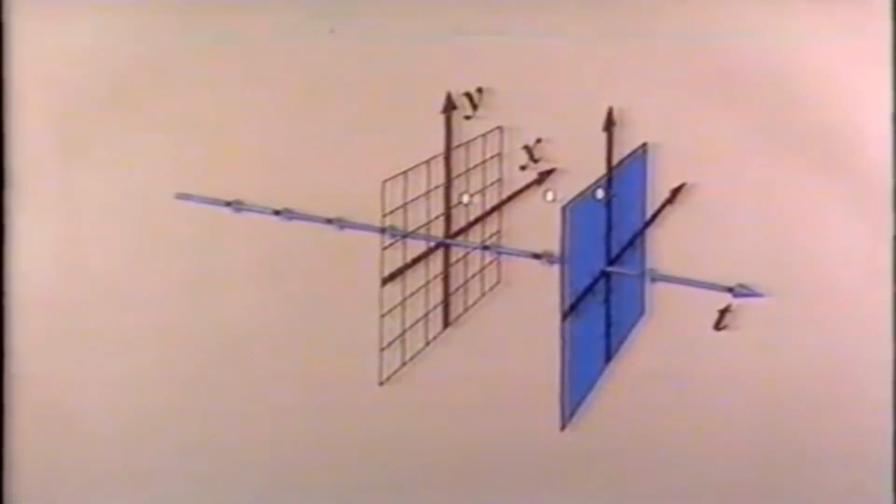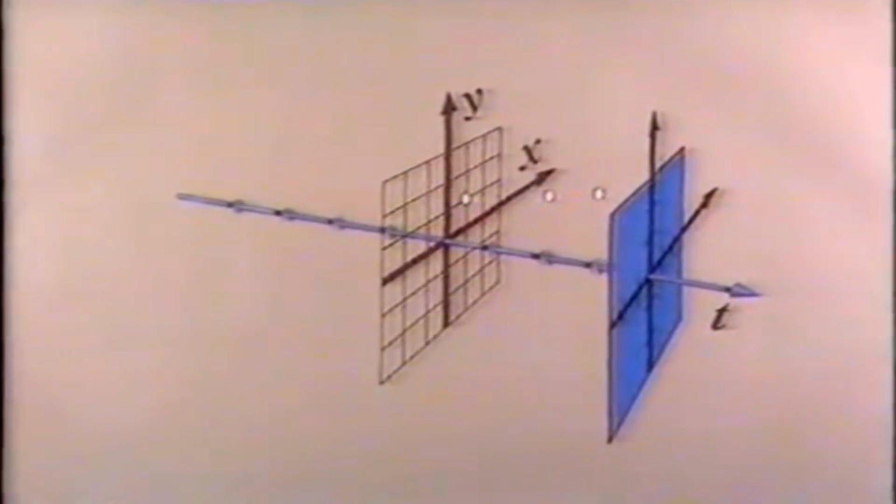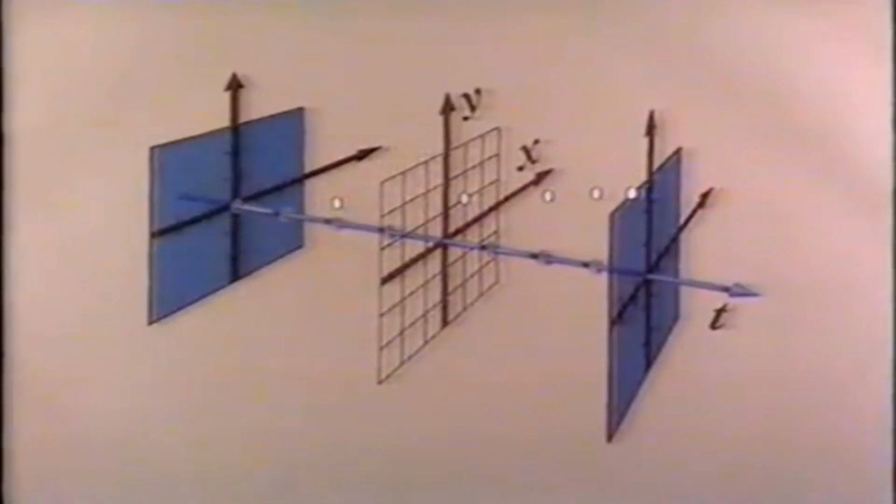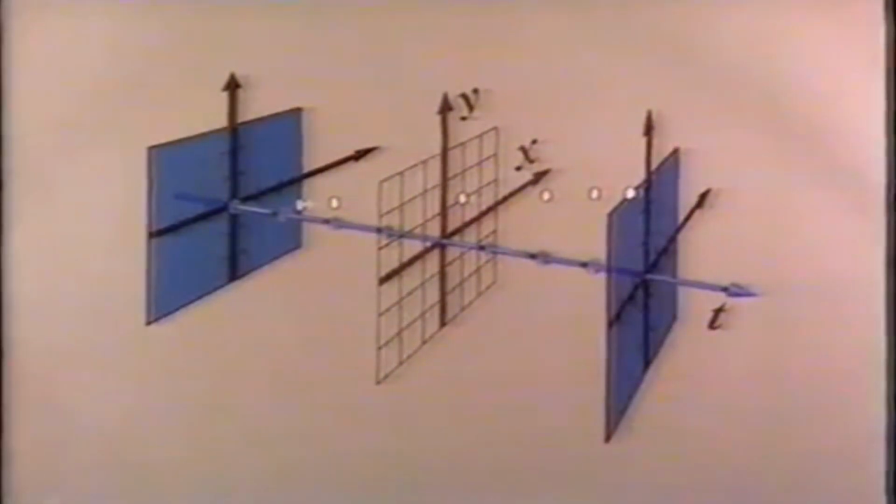For each value of t, the function specifies a position on a plane. And if we join up the positions continuously, we get a curve in space.